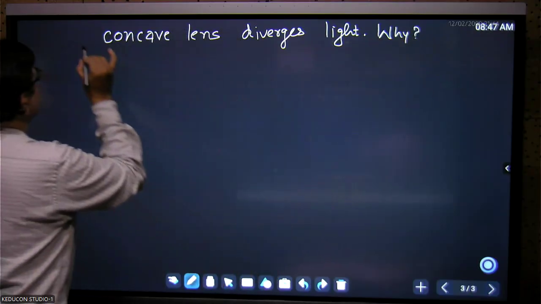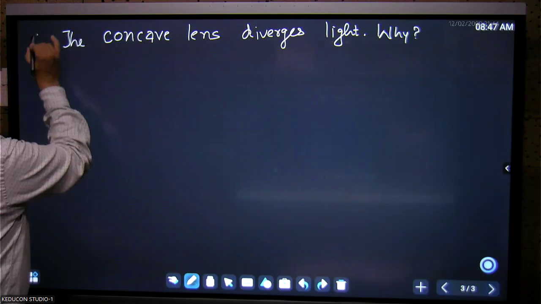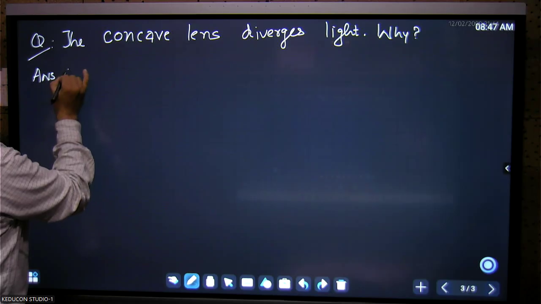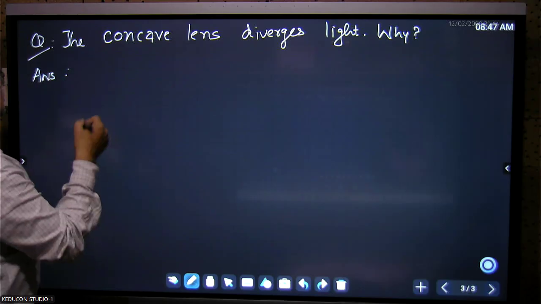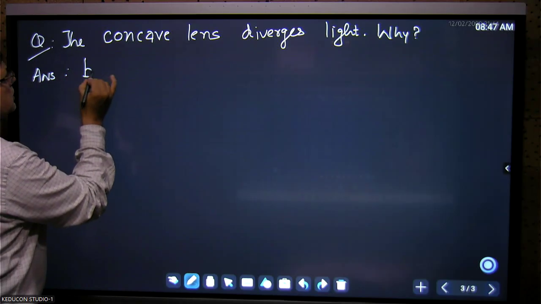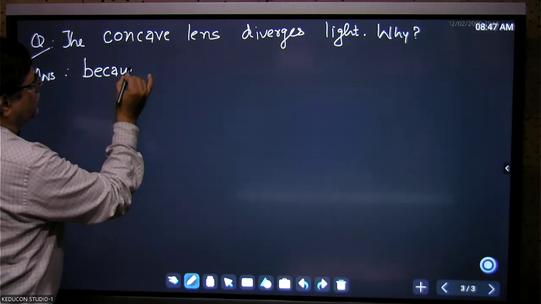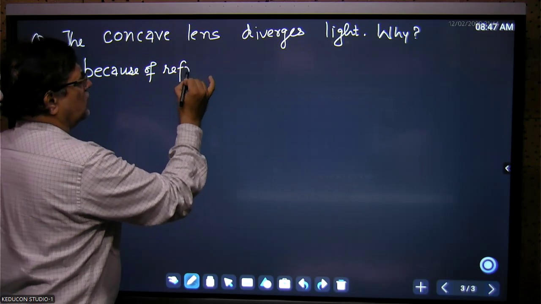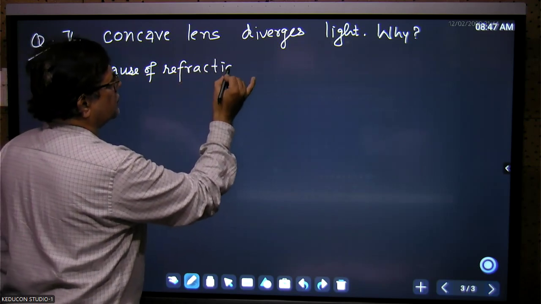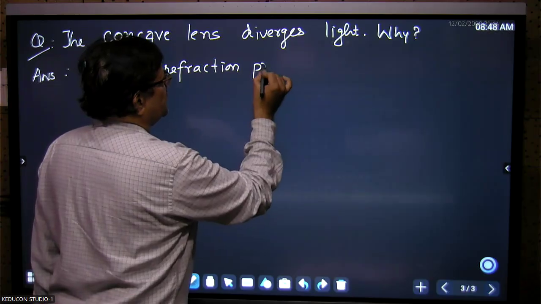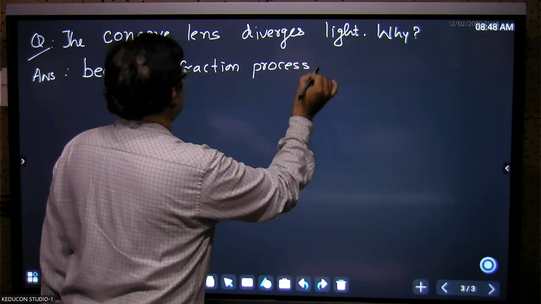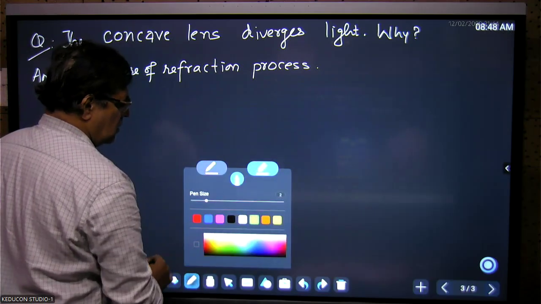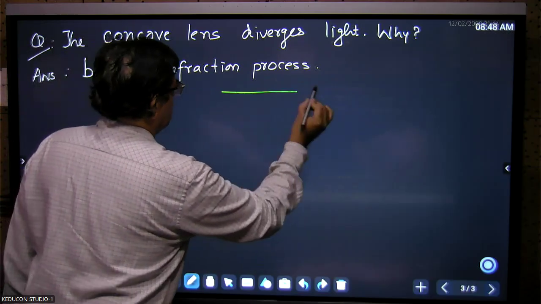The first thing you have to write as the answer: if a single-word objective type question comes, then you will say because of the refraction process. But if the question comes worth 3 marks, then not only do you have to write this, at the same time you have to make the ray diagram, making it like this.